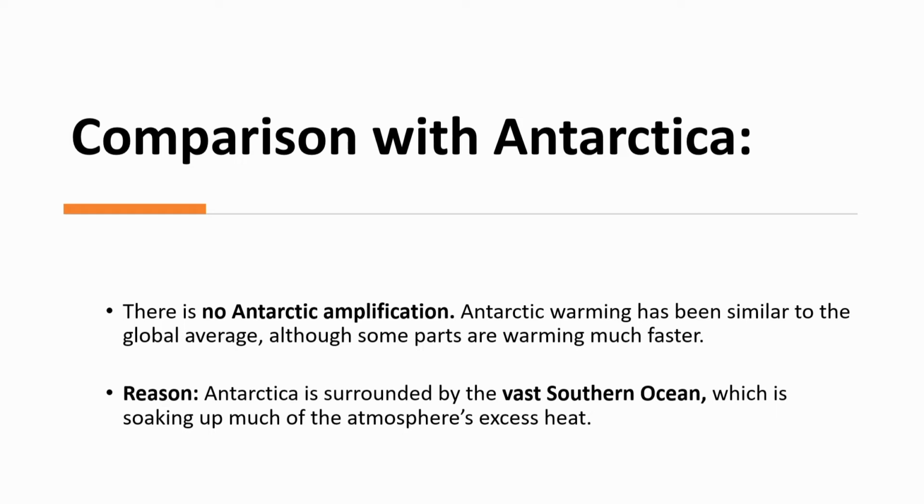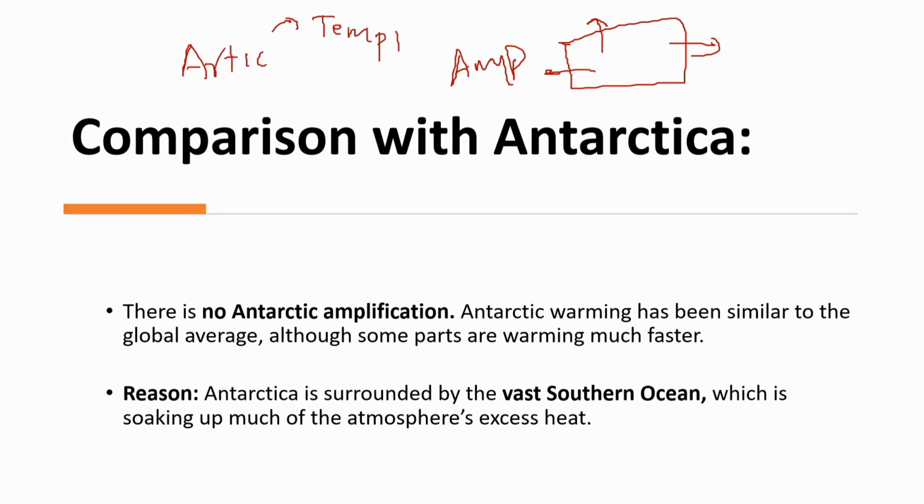You know why we term it amplification. Since the temperature increase is relative when compared to the whole global system, it is known as amplification. So in the Arctic, what is happening is that this temperature rise is very high when compared to the global average.